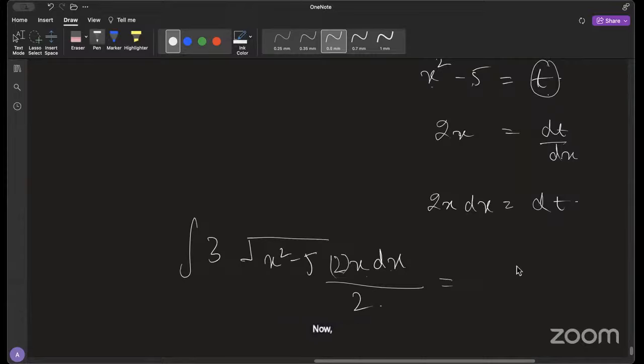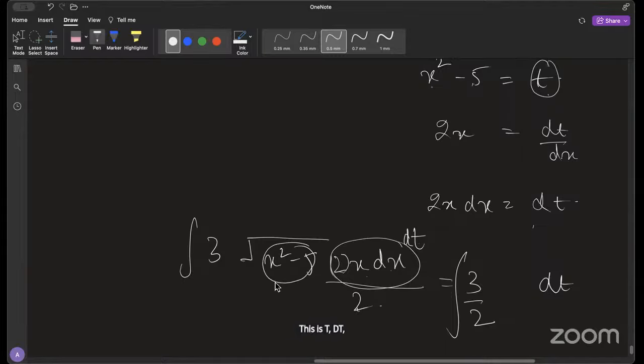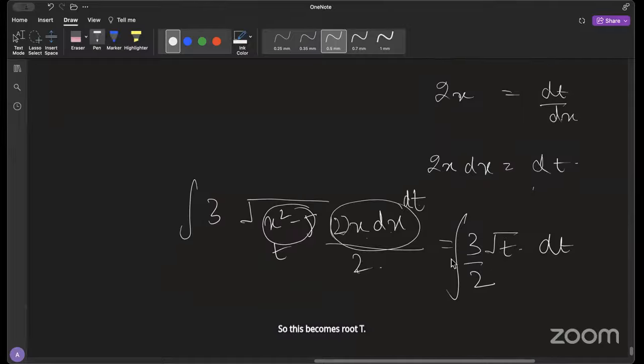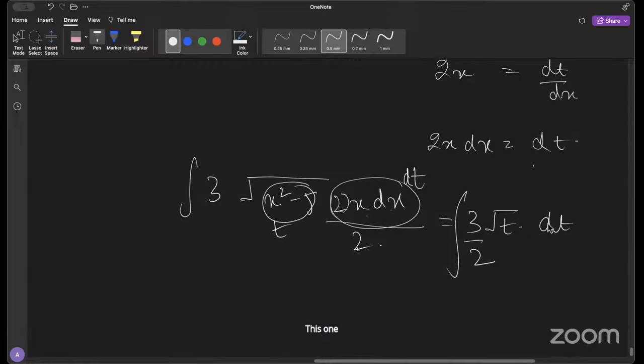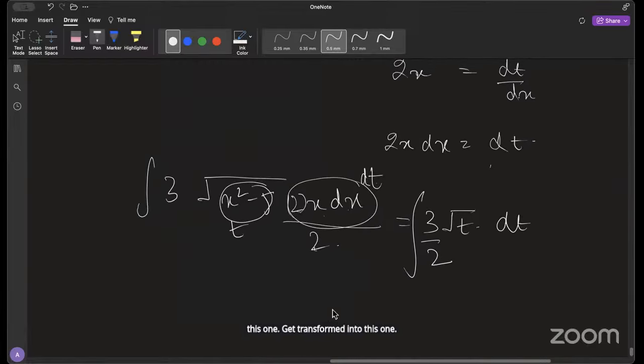Now 2x dx is dt. 3 remains as it is. 2 remains as it is. This is t. So this becomes root t. Now this integral gets transformed into this one, which is the same as 3 by 2 times the integral of t to the power half dt.